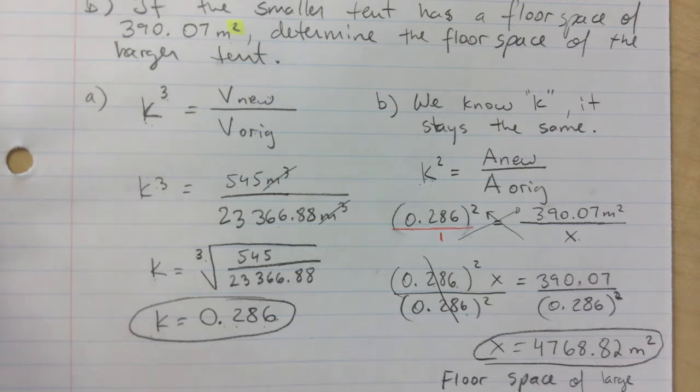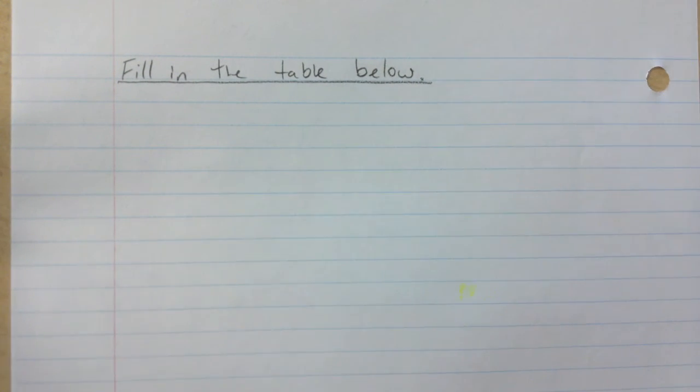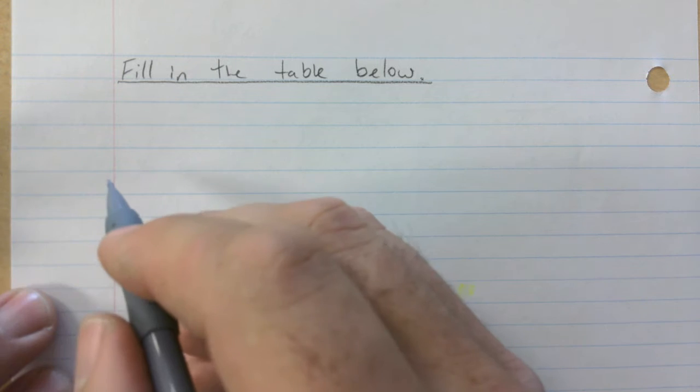So we know how to find the area of either one just by knowing the scale factor that has been used. Sometimes some students forget about it and they try to actually find the volume of the new shape and they tell me, I don't know the height of that cone, right? You don't need to know the height. You just need the scale factor and one of the volumes, and then you'll be fine. So let's fill in the table below.